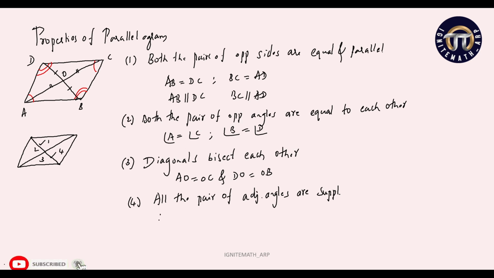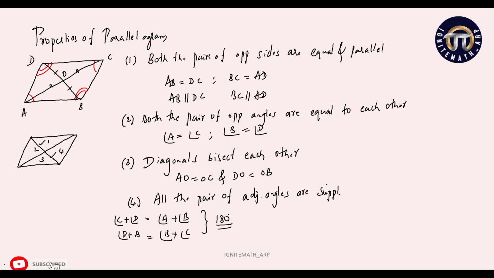Next to each other, in the sense of angle A plus angle B, angle B plus angle C, angle C plus angle D, and angle D plus angle A. When you find all of them, they are equal to 180 degrees. All pairs of adjacent angles are supplementary. These are the properties of parallelograms you need to understand, children. Clear?